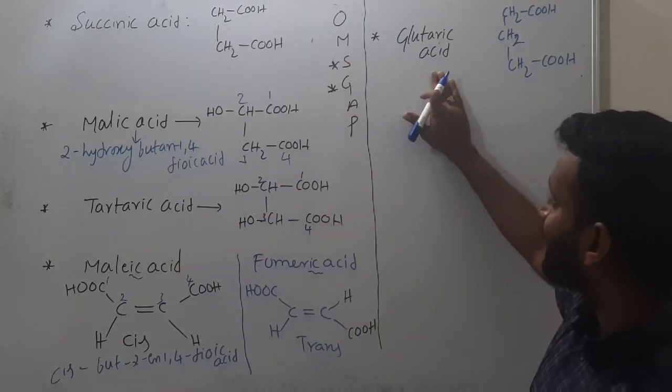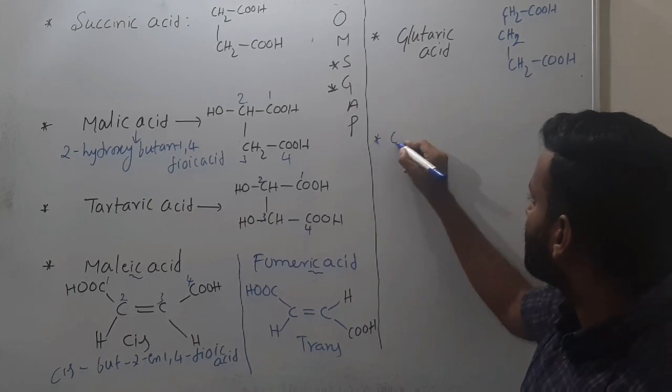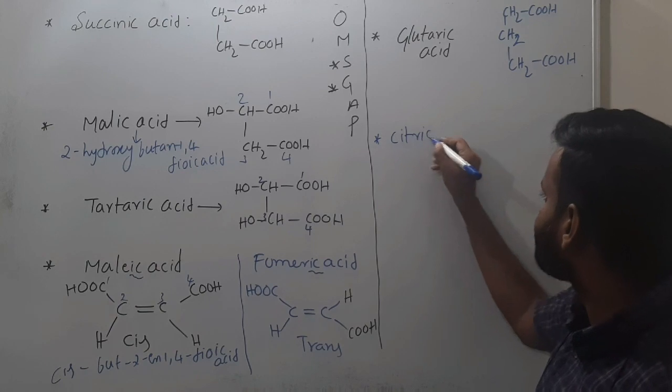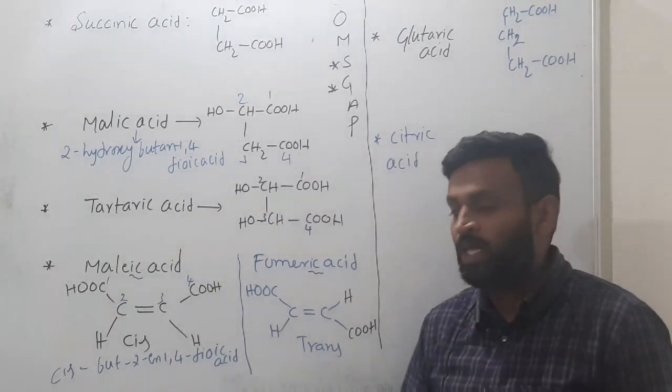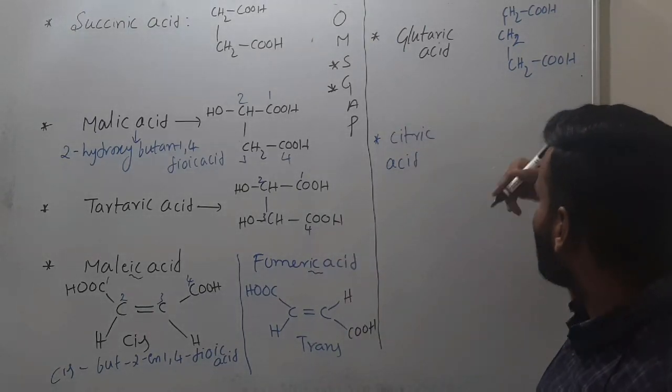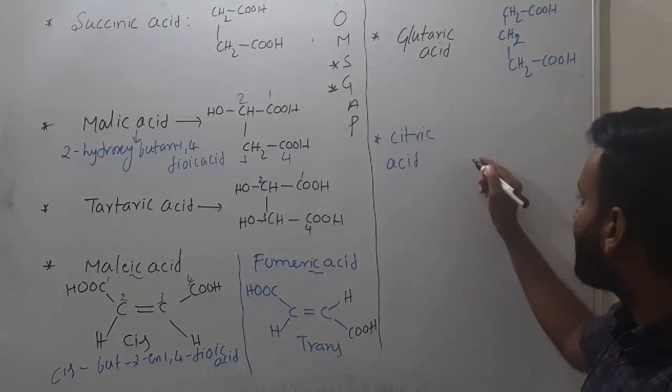And from glutaric acid itself, we have one more acid that is called citric acid. IUPAC names they'll ask you. That's why today I am giving all these IUPAC names as well as their commercial names.